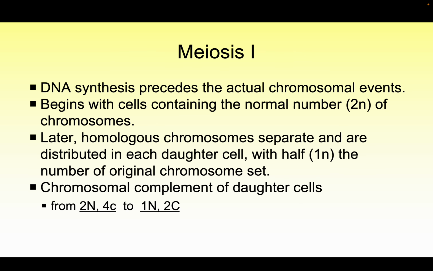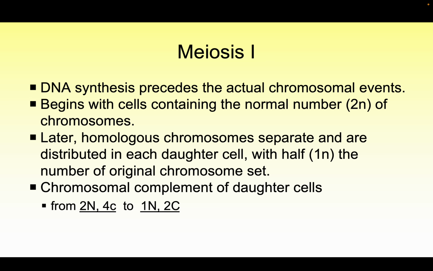So during meiosis 1, synthesis of DNA will precede the actual chromosomal events, thus crossing over, segregation. Starting with the diploid set of chromosomes, after homologous chromosomes do the crossing over, they will separate and will be distributed in each daughter cell with half the number of the original chromosomal set.